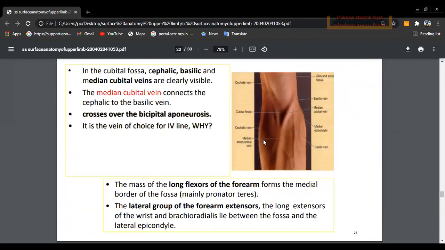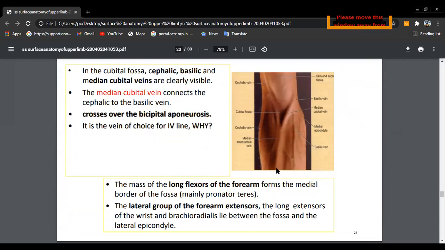Now, this is the cubital fossa region. So, this is the medial aspect, because how to identify, this has been named as medial epicondyle. So, towards the medial side, the name of the vein we have is basilic vein, and towards the lateral side, the name of the vein is cephalic vein. Connecting the basilic and cephalic veins, we have median cubital vein.